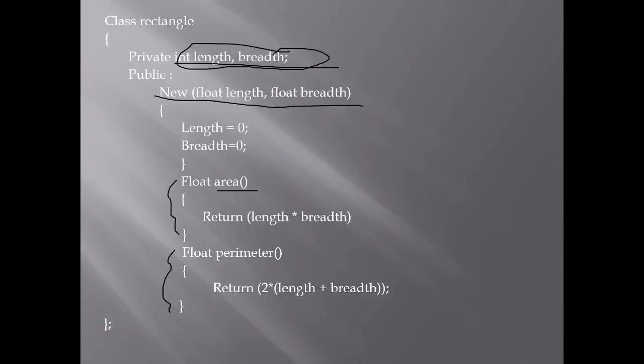Only these methods can access them directly. All other methods or any other class cannot access them because the permission is not given. Only these methods have permission because they are combined in a class.